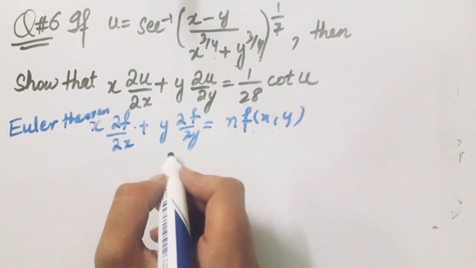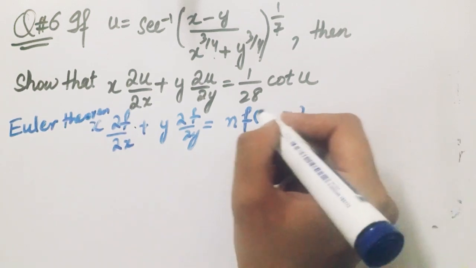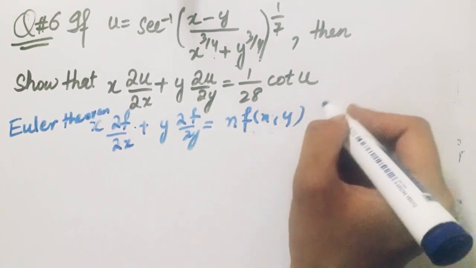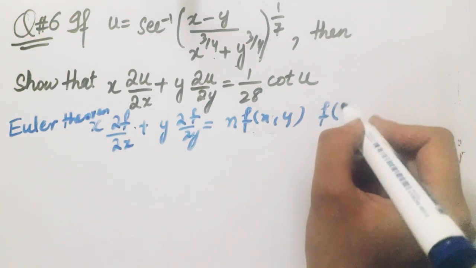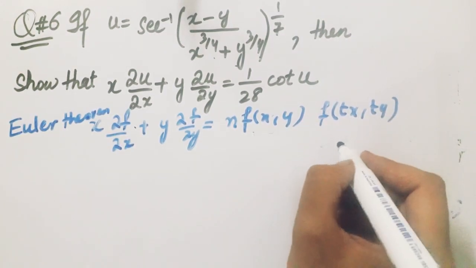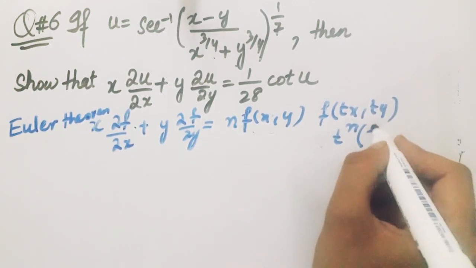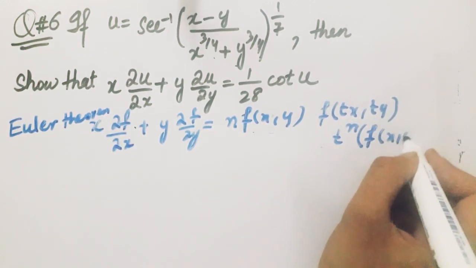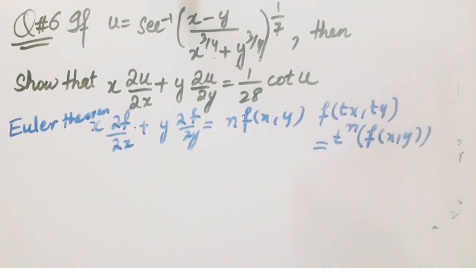So we will solve this, and if you have a function like f of tx and ty, this is equal to t to the power n into f of x and y. So we will apply this here.